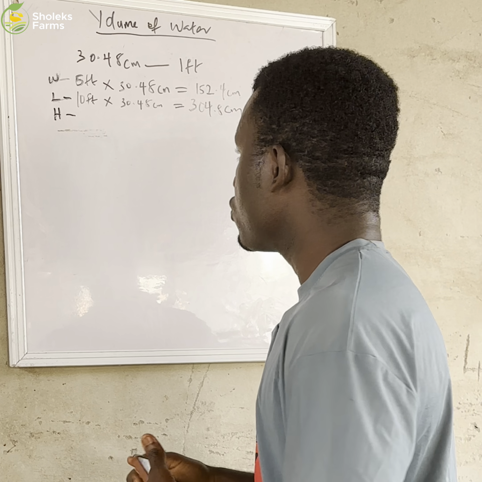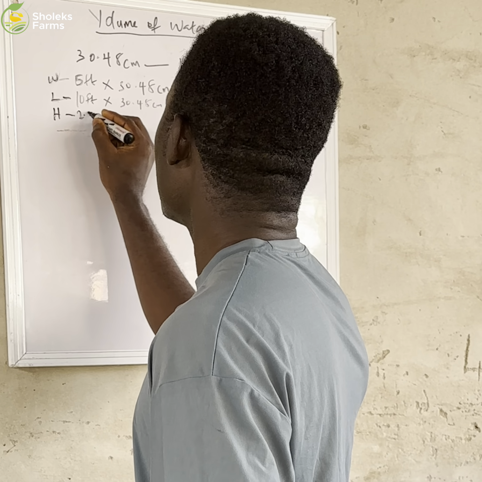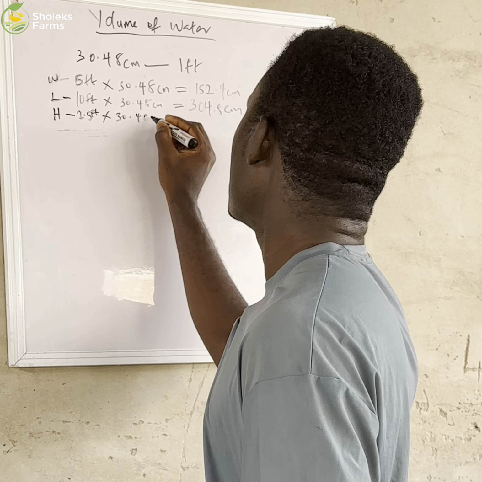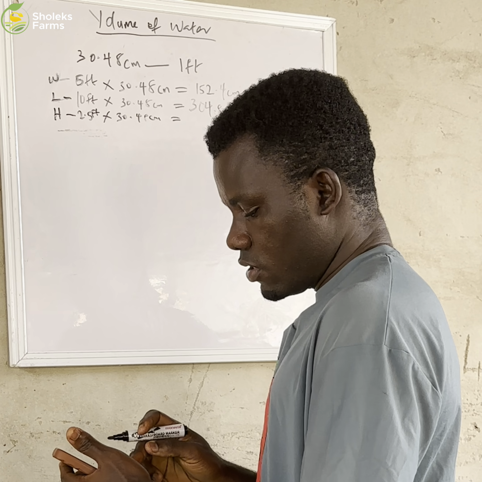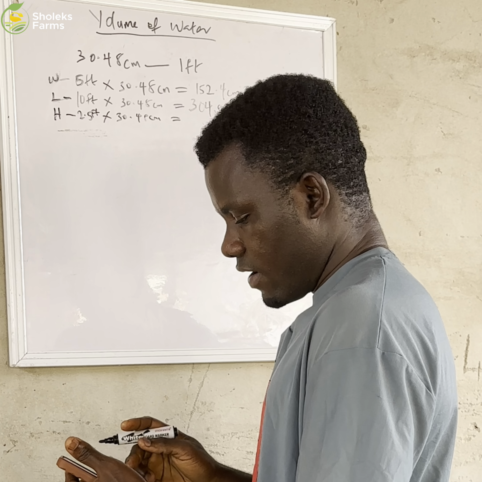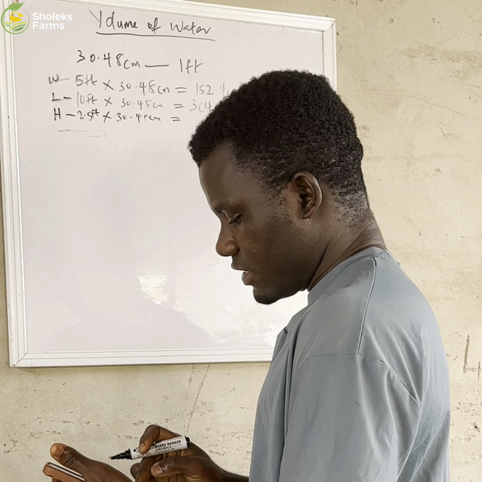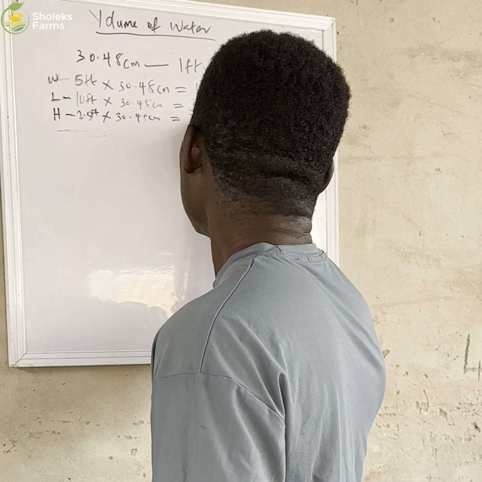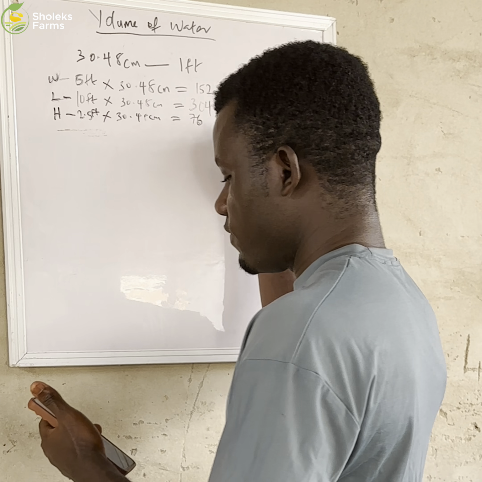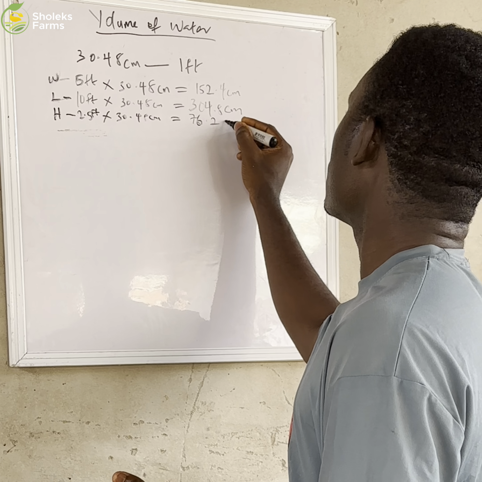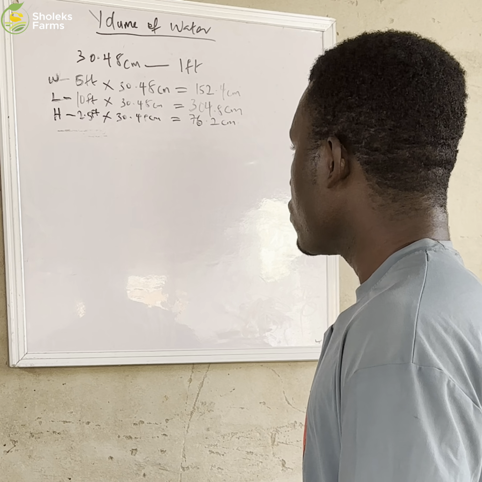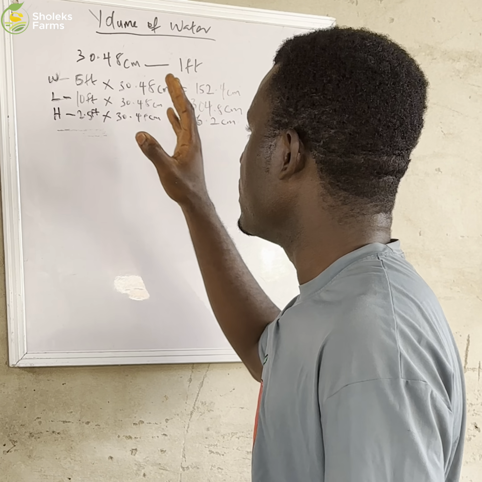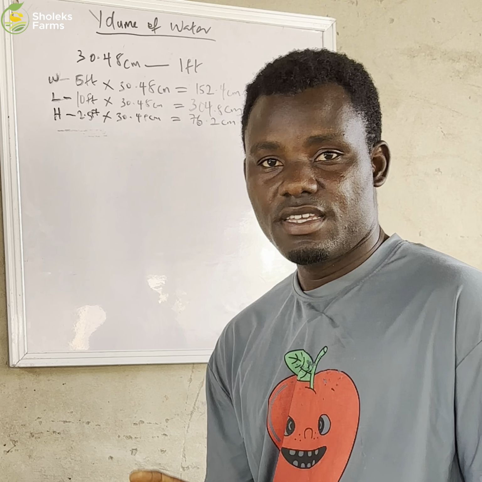So 2.5 feet times 30.48 centimeter will be giving us 76.2 centimeter. So now we have the length, the width, and the height of our pond in centimeter.